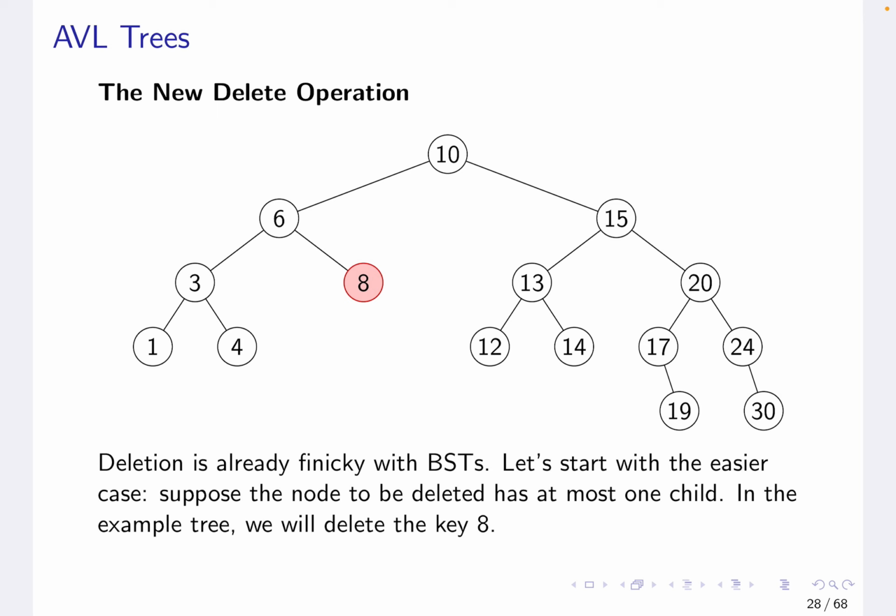Deletion is, as the slide says, already finicky with BSTs, and it's about to get a bit finickier because of tree rotations, but all the ideas you know and love still apply. The deletion algorithm has 3 cases, just like binary trees.